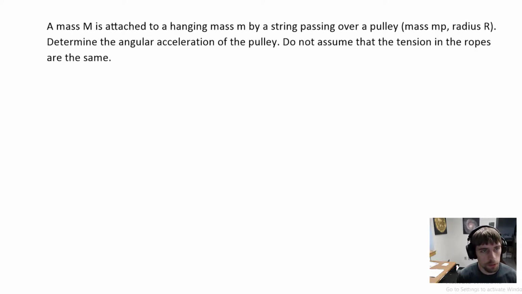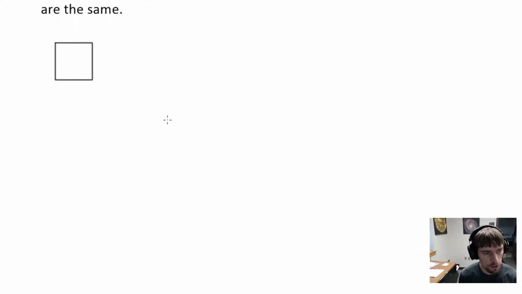Well, gee, this problem sounds a bit familiar. Let's go ahead and draw out a figure just so that we have an idea about what's going on here. I'm sure that we probably do, but okay, well, we've got a hanging mass. We'll call this big M. We call this little m. And now it says that we have a pulley.